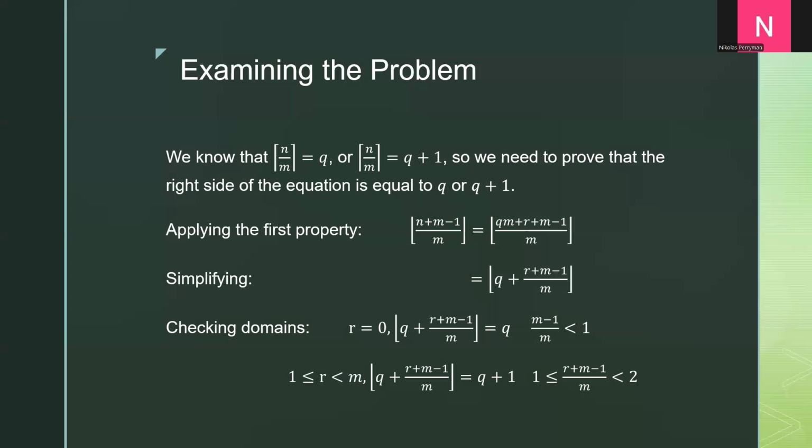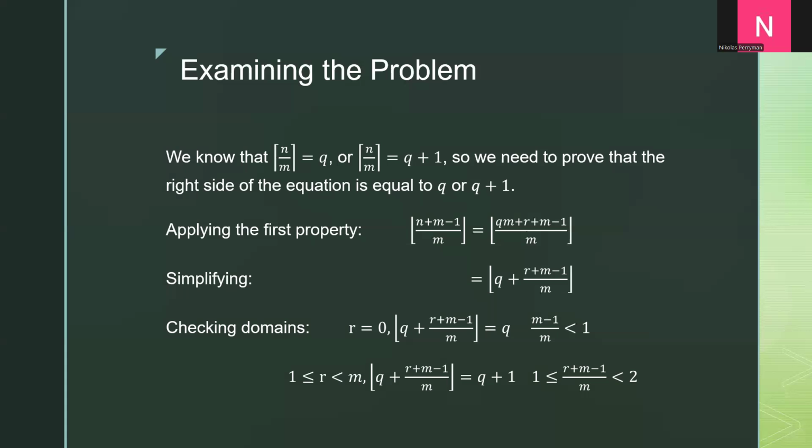Which is nice because when we check the domains, then the fraction will either reduce down to 0 or to 1, depending on which set of domains it's based on. And that's reducing based on the floor function.